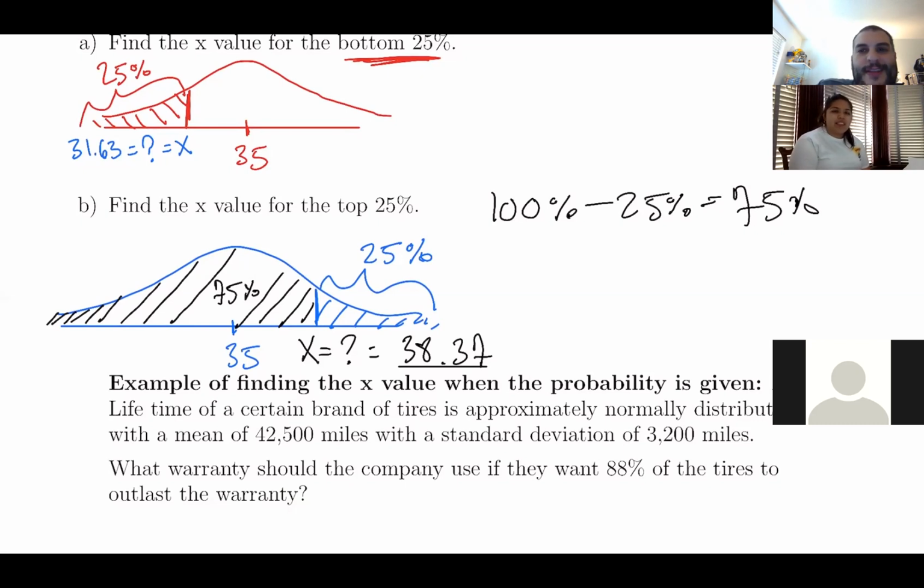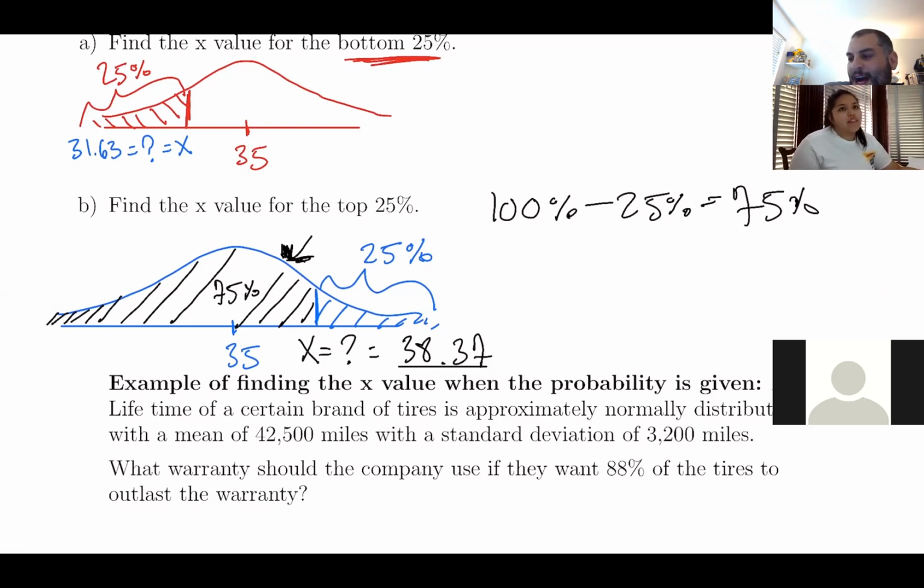Well, technically, I already did that, because when you say 0.75, you're telling the calculator, ClassCalc, that you want the bottom 75%, which is the top 25%. So once you tell it 0.75, the calculator automatically knows you want the top 25%.